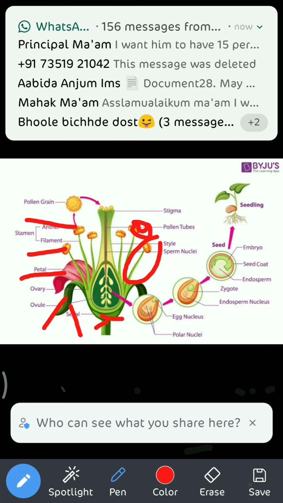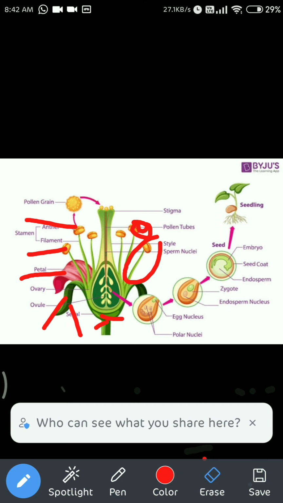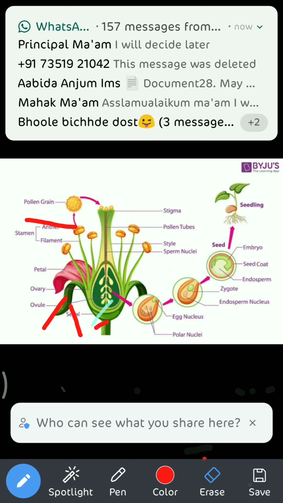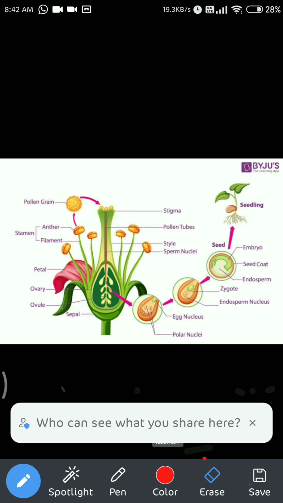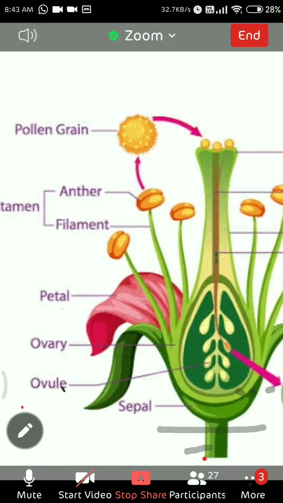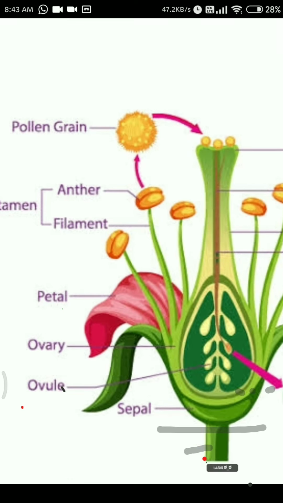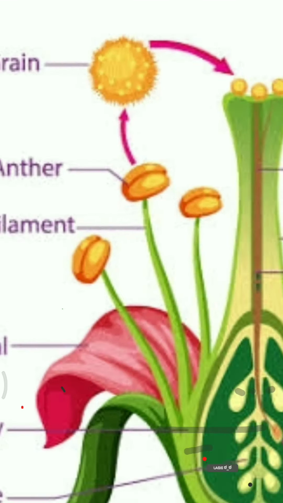In one pollen grain, two male cells or two male gametes are there. Here on the screen you can see this is the pollen grain. This yellow bilobed structure is the anther.